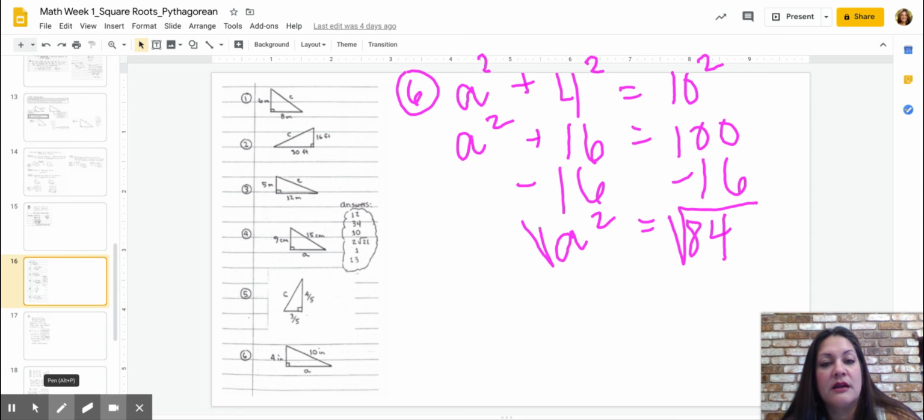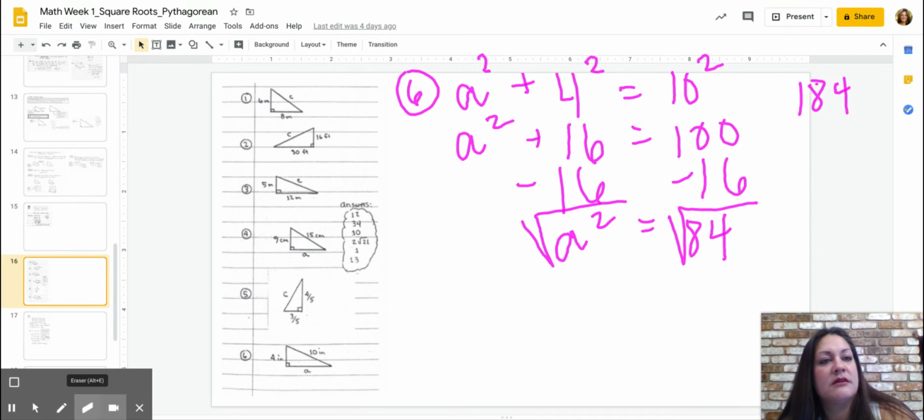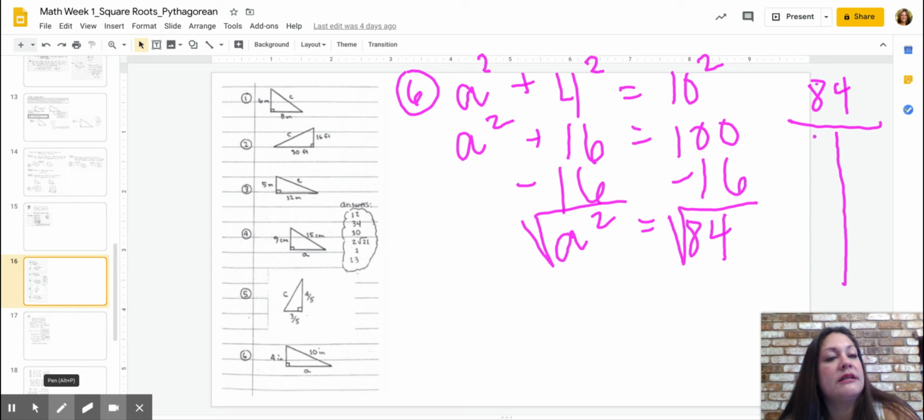So then I need to do my factor tree. 84. Here's my tree. 1 times 84. 2 times 42. Does 3 go in there? Yeah, it should.